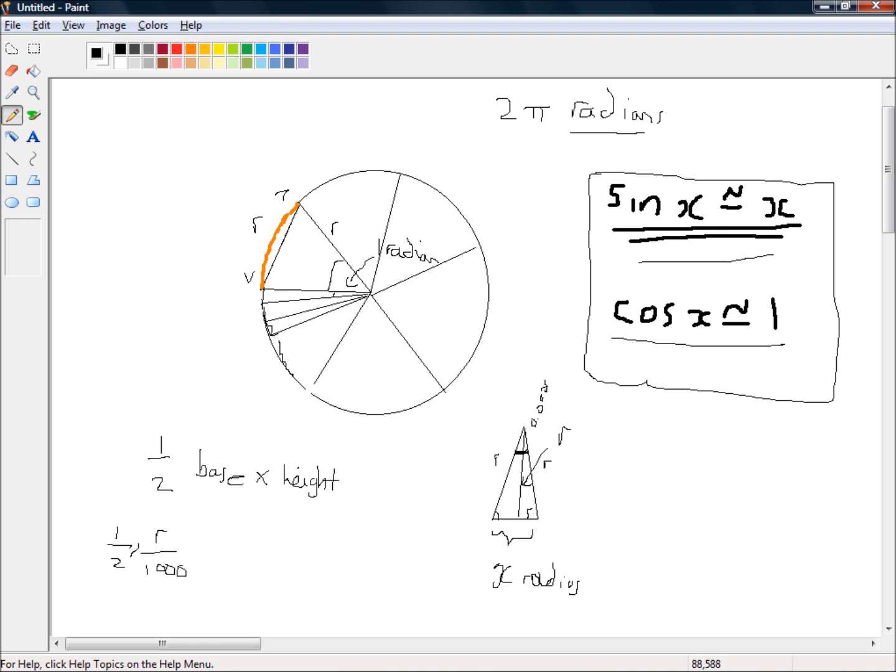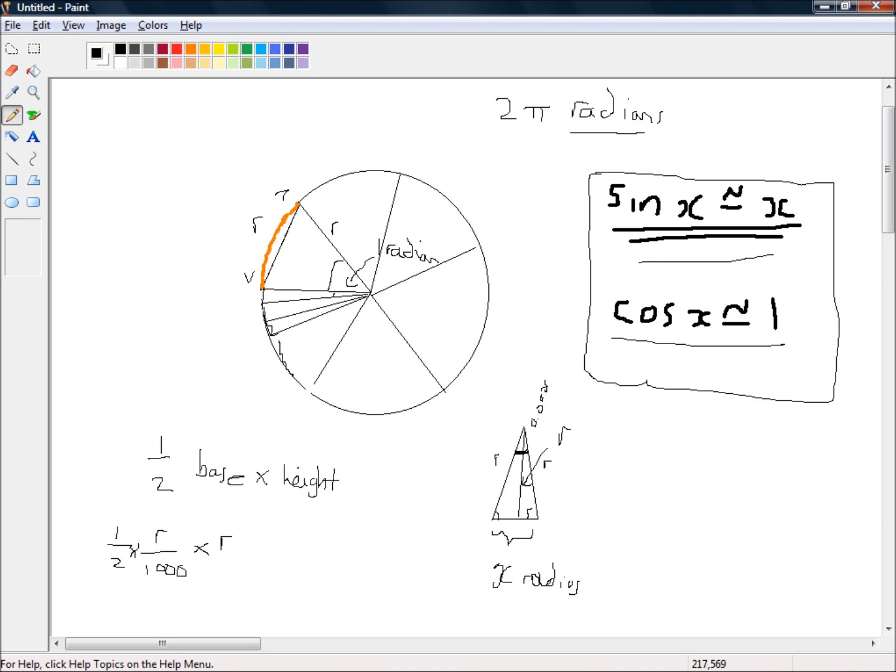So that's a half times R over 1,000 times the height of the triangle, which we said is as near as makes no difference to the radius.